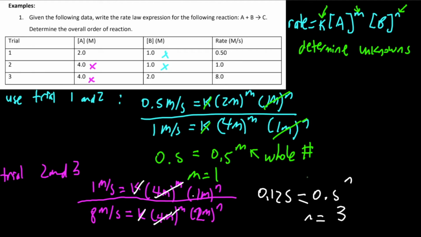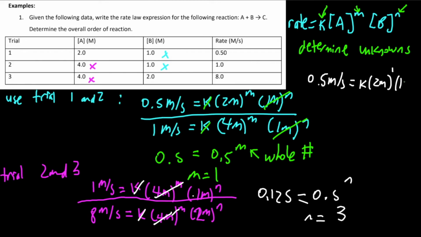Now you can also solve for k as well. So to solve for k, what you would do is you can just plug in any of the trials. So I'll use trial 1. So you have 0.5 molar per second equals K, 2 molar, and we've solved for m, which is 1, and plug in the value for b.